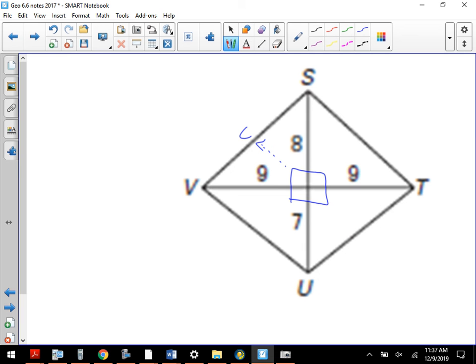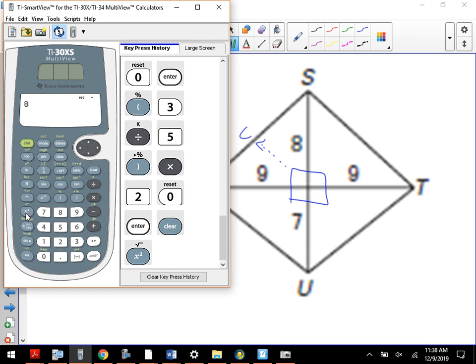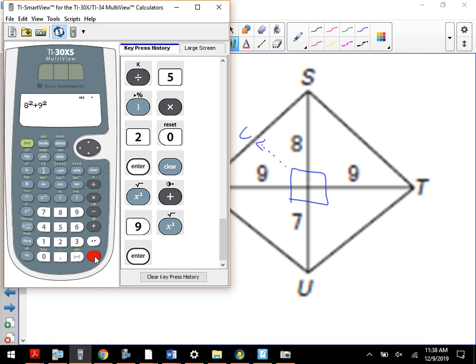So if you do this right, we would get 8 squared plus 9 squared equals C squared for the hypotenuse. 64 and 81. In your calculator, if you type in 8 squared plus 9 squared and hit enter, you're going to get 145.